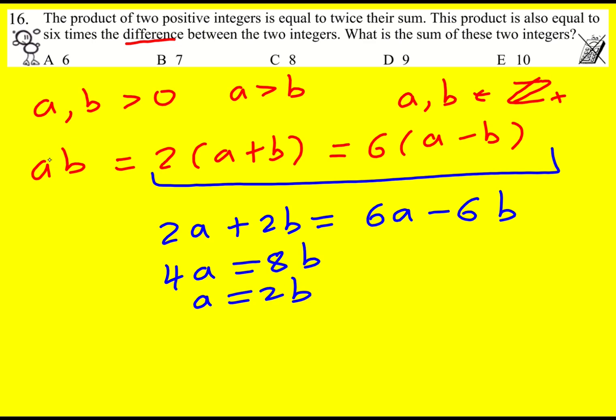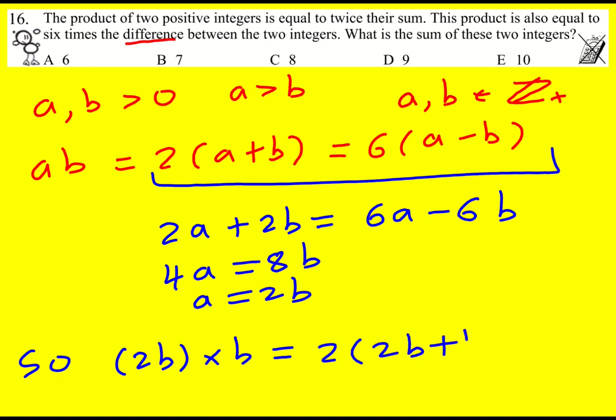And if I put it back in, I can get an equation just in terms of a or in terms of b. And in fact, because I have a equals 2b, I'm going to replace a. So it's going to be 2b times b is equal to 2b plus b.